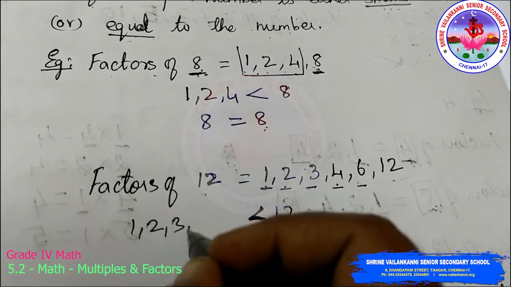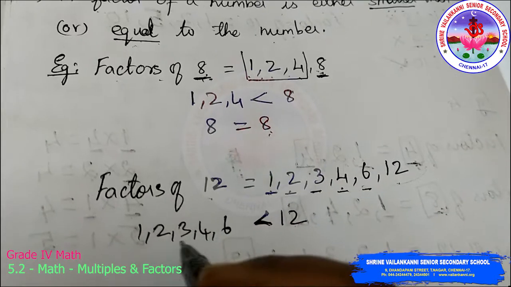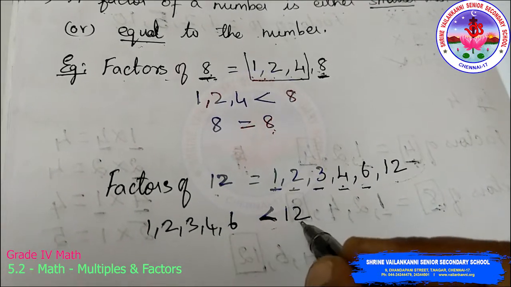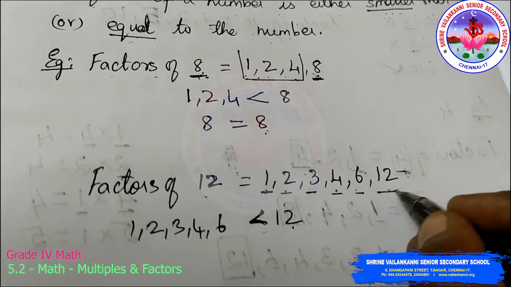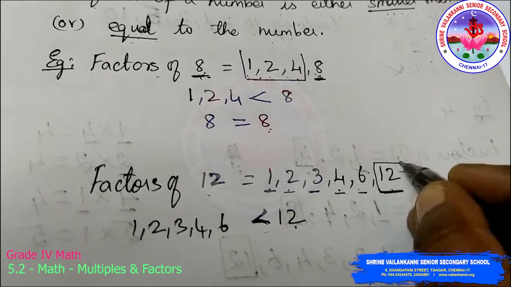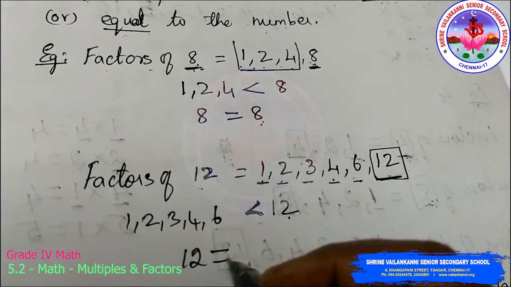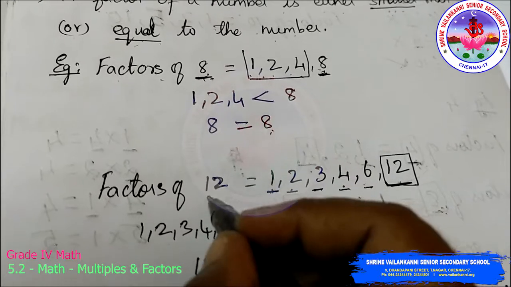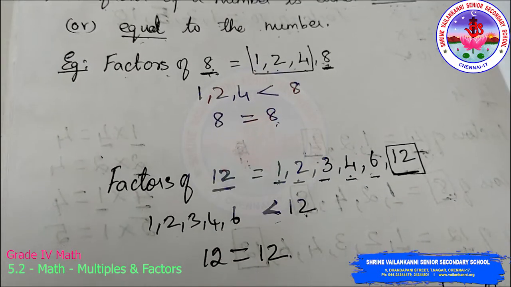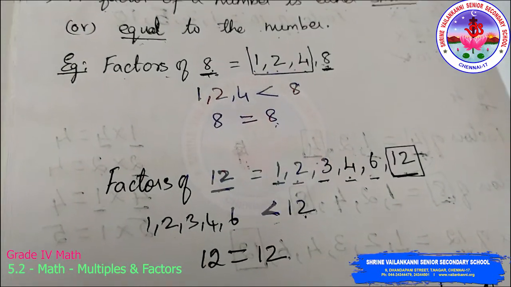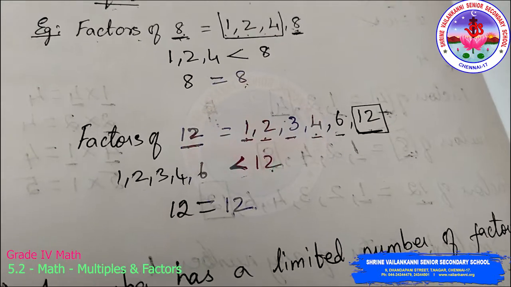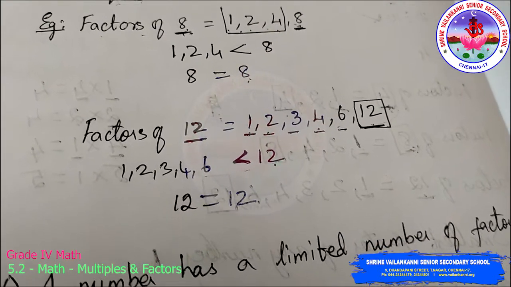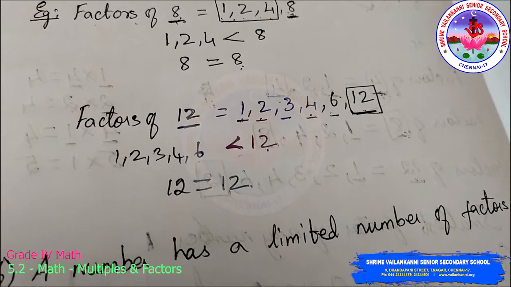These 5 factors are lesser than 12. And the last factor, 12, is equal to this 12. Understood? So any number's factors will be either lesser than that number or equal to that particular number.